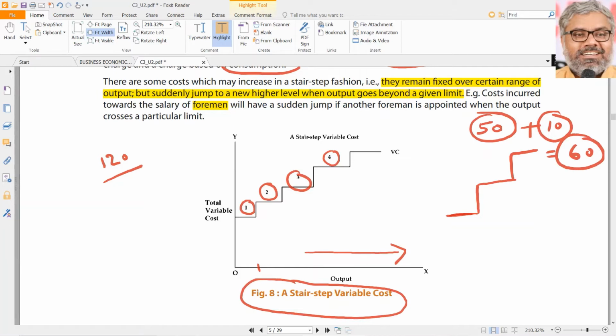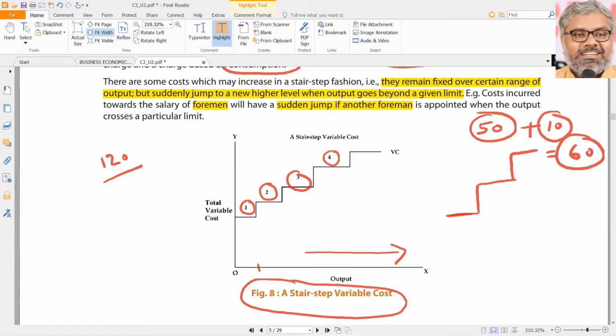Let us say if you have one more machine, you cannot say the same foreman will look after the 3 machines also now. No, not possible. A sudden jump, another foreman also will have to be appointed, and that will be additional cost. And again it will be fixed at that level till one more machine is installed. After that again another foreman will be required, like that. Any examples can be taken.